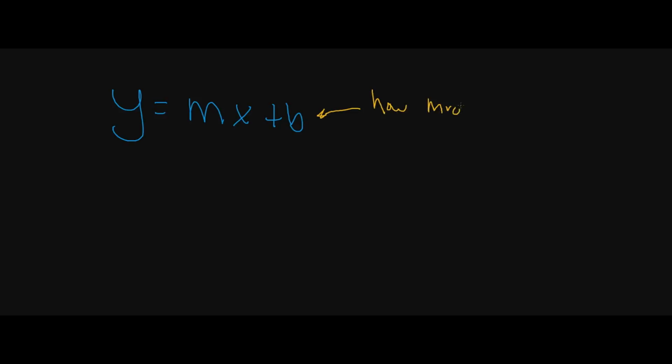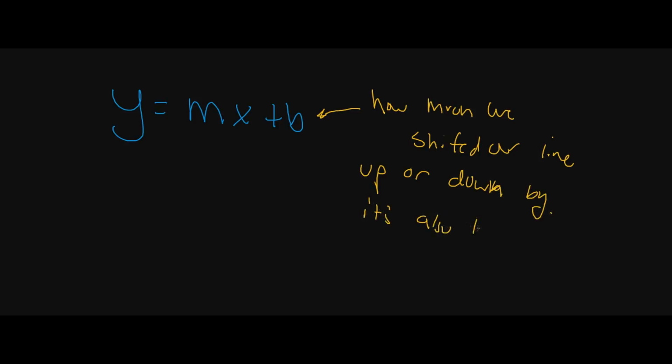So to make a generalization, let's go ahead. Y is equal to mx plus b, okay? This number here tells you how much we shifted our line up or down by. It's also the y-intercept, right?